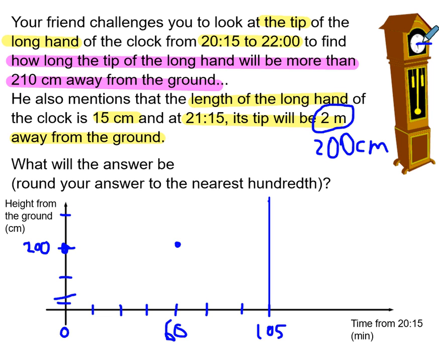If in the middle it's at 200 centimeters and the length of the long hand is 15 centimeters, then what is the minimum? You take your 200 and take away 15. So the shortest height is 185, and the maximum is going to be 215.